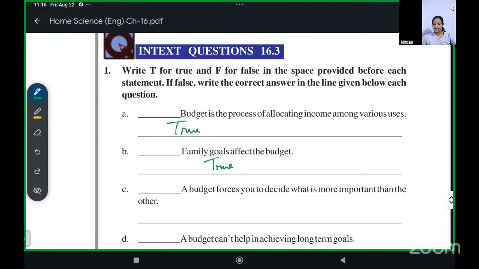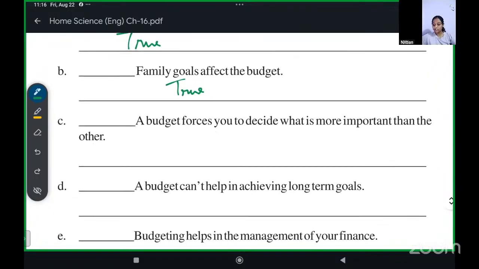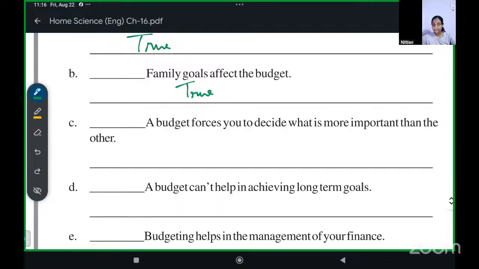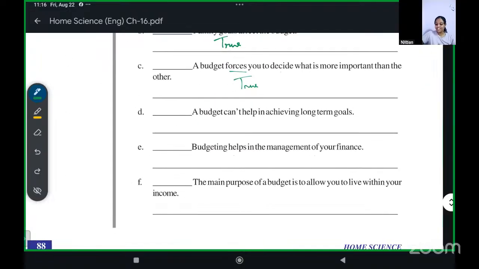Then, a budget forces you to decide what is more important than the other. It enables us to decide what is more important. That's true, but forces. Yeah, true.